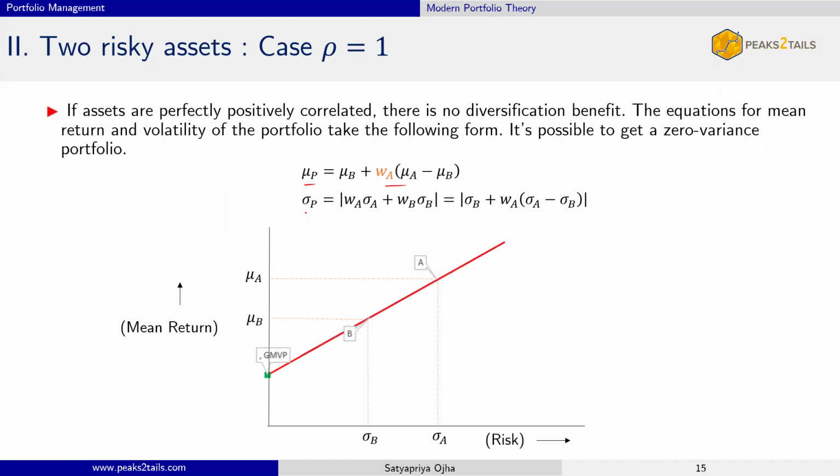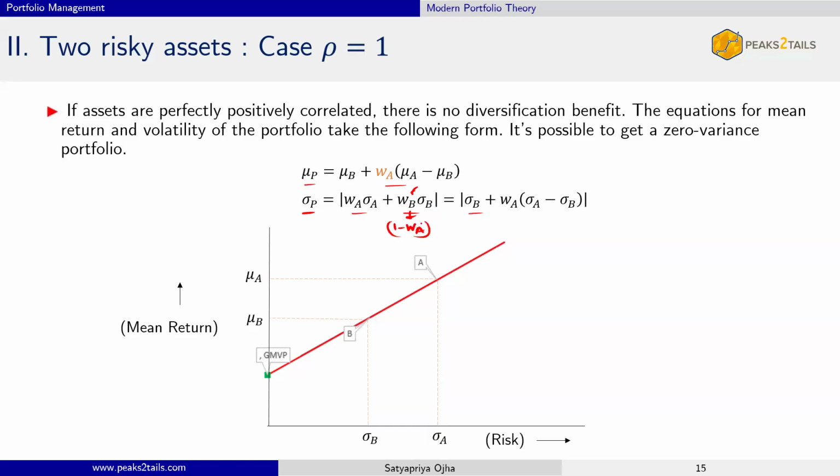For sigma p, remember, if rho equal to 1, we get (wA sigma A plus wB sigma B) whole squared, and then the square root, which is the absolute value of the sum of these two terms, correct? In case of rho equal to 1. So just rearranging it: replace wB, because there is only one weight that we are controlling. Automatically wB gets adjusted when we change wA. So wB is 1 minus wA.